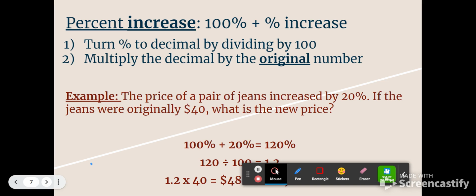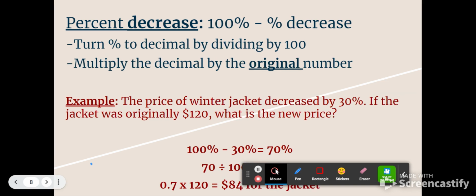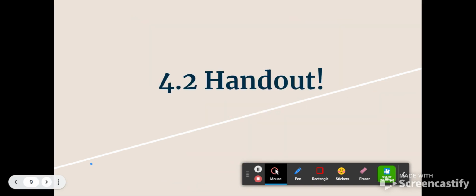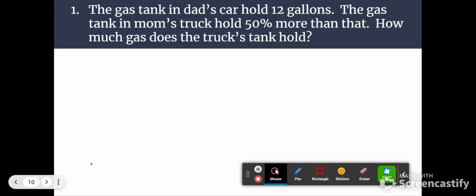So increase, add to 100; decrease, subtract from 100. Okay. So we're going to be looking at part of algebra, kind of. The gas tank in Dad's car holds 12 gallons. The gas tank in Mom's car holds 50% more than that.